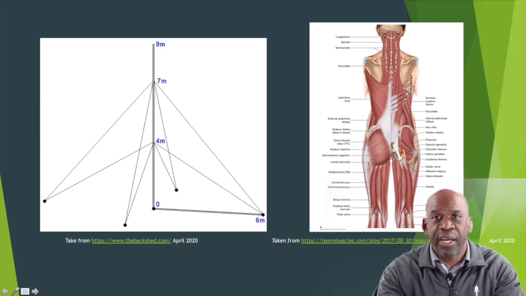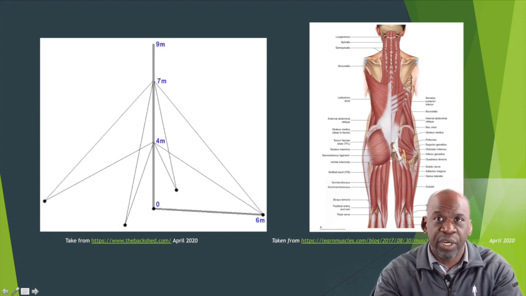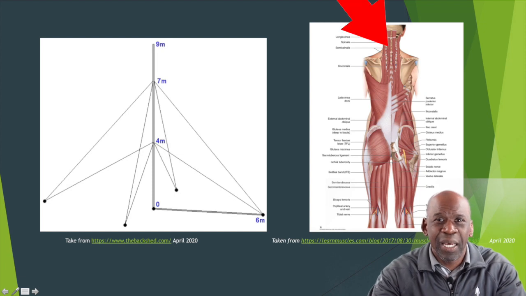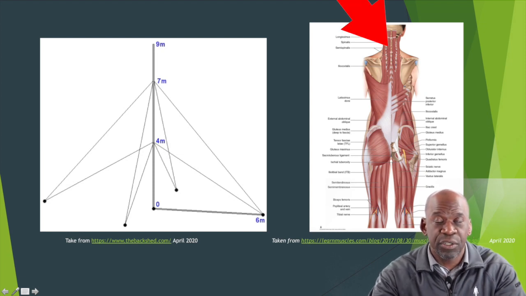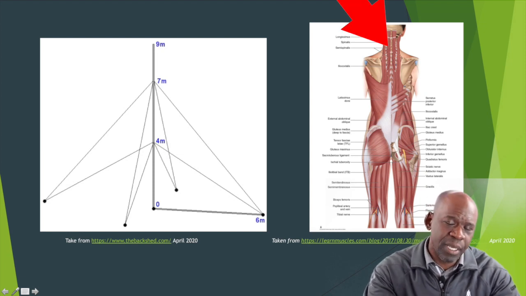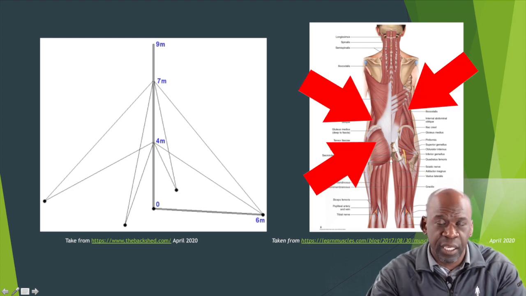There are guide wires used to stabilize the tower in all directions: north, south, east, and west. And likewise here, the spine is like the radio or cell phone tower, and the muscles that help to stabilize the spine are like the guide wires.